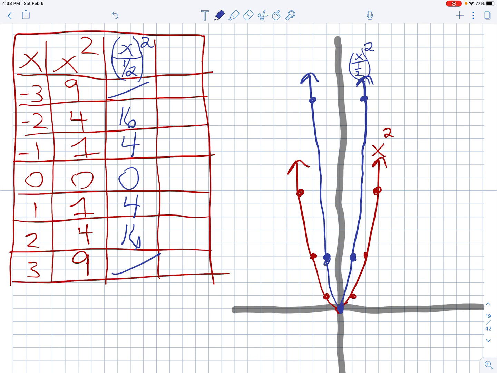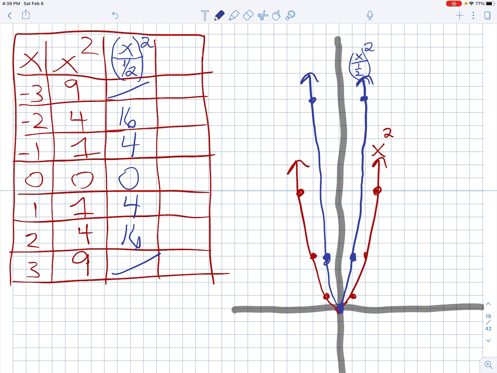They're closer to the y-axis now than their respective points on y equals x squared. (1, 4) is closer to the y-axis than its respective point with a y value of 4, which is (2, 4).